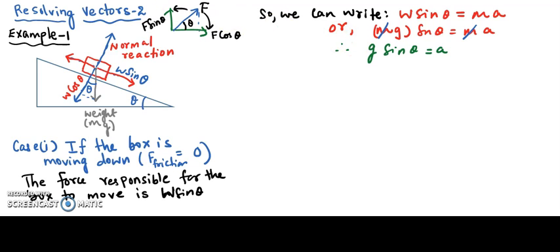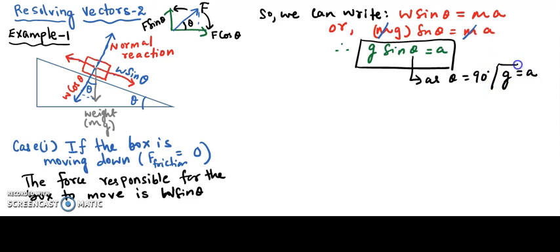Now if you look here very carefully, as theta becomes 90, your g becomes equal to a.